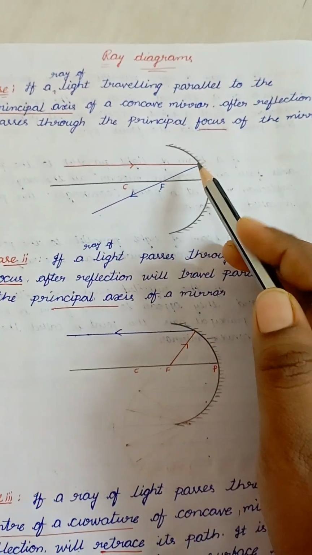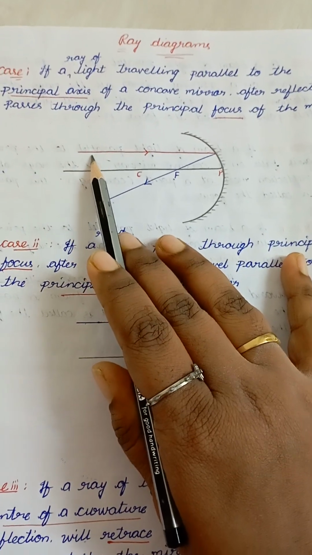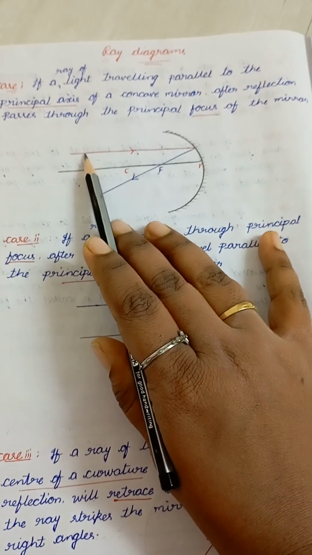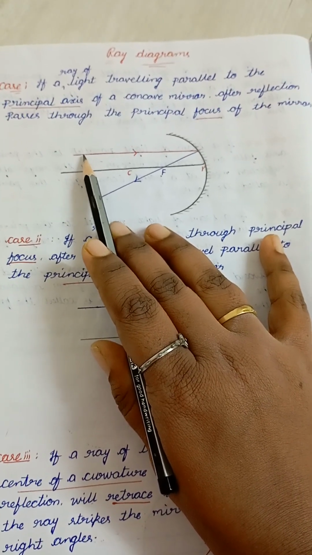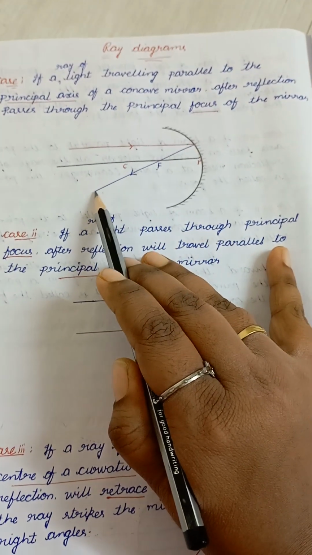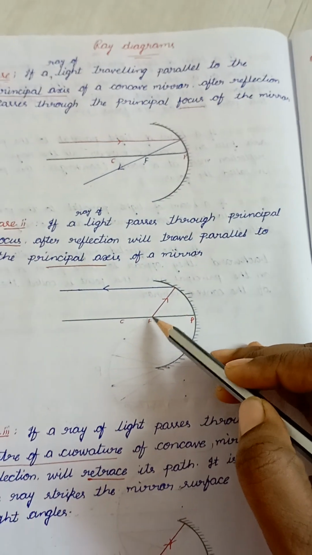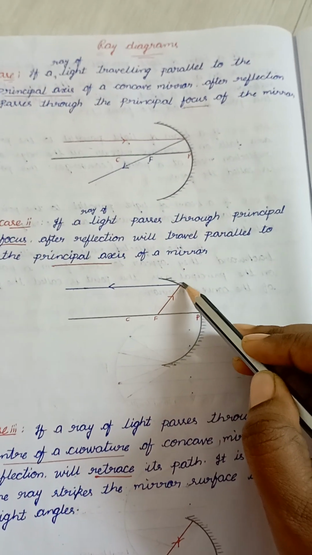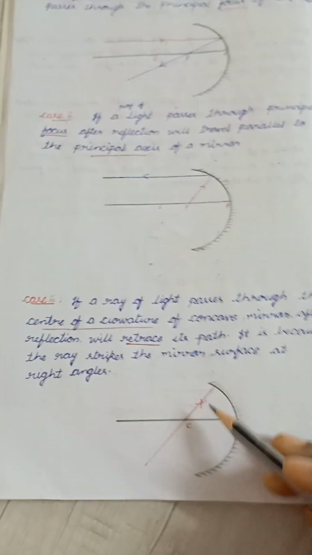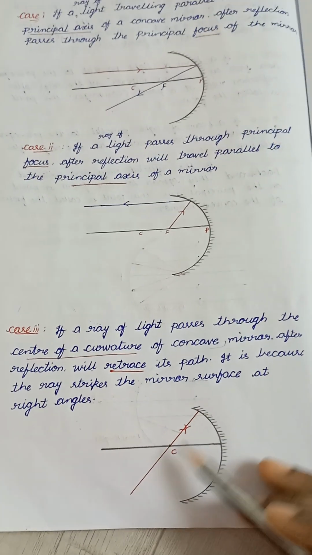Whenever it goes out, it will always meet its friend. If a light ray is incident parallel to the principal axis, it always passes through the focus. Similarly, if we send a light ray through the focus, it always becomes parallel to the principal axis. For the center of curvature, again it retraces its path.